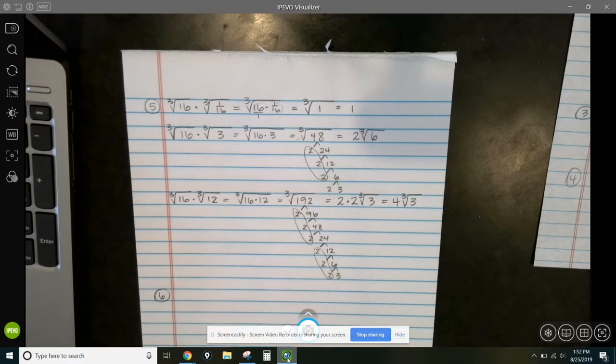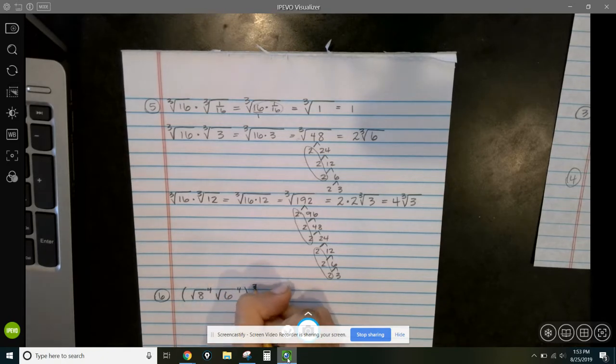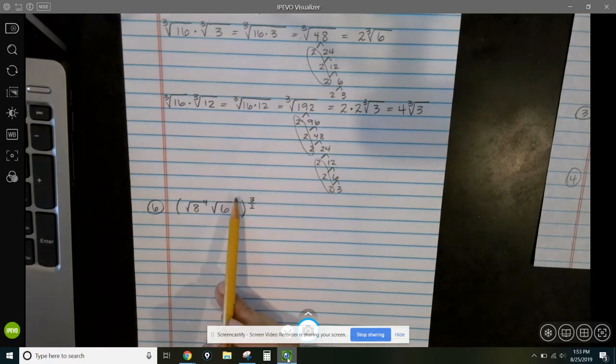Okay, let's do another problem. So if you had a problem like this, you're going to use lots of different exponent properties all inside the same problem.